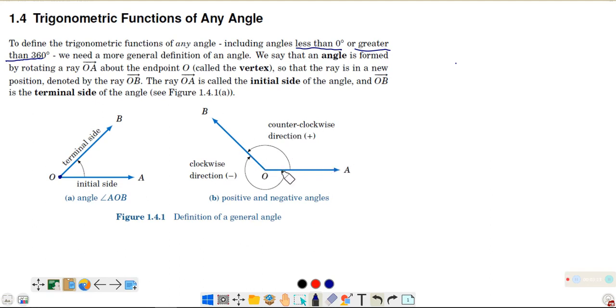Dito na lang, wag na tayong lumayo. Si angle AOB made from ray OA at saka ray OB. So, this is the initial side, si OA. Si initial side OA, pumunta siya doon sa terminal side, ray OB. Kung ang movement niya ay counterclockwise, ang susukatin natin ay itong nasa loob, yung obtuse angle.